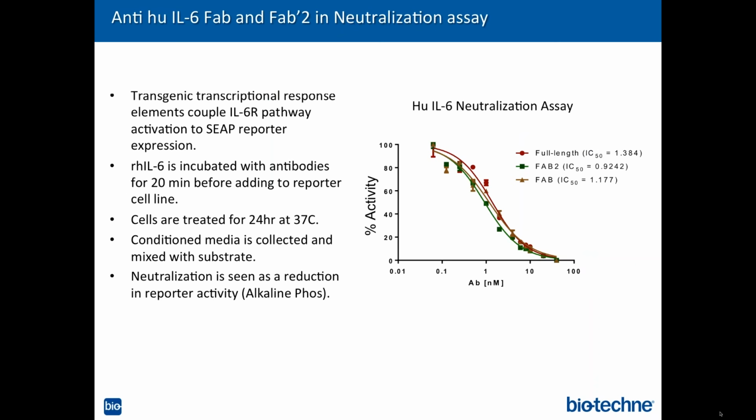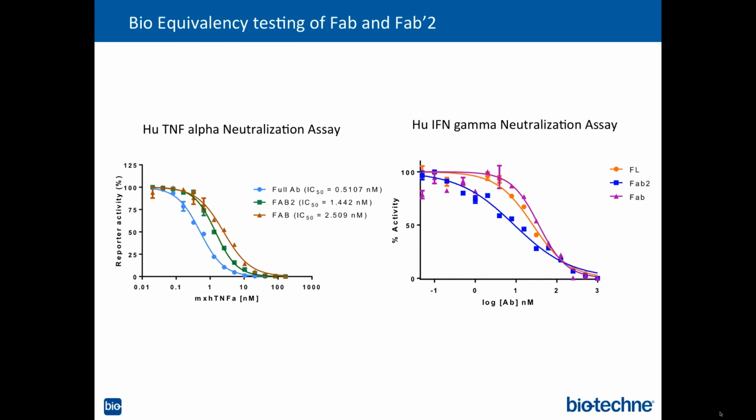So on the left we have human TNF-alpha. Again, it's the same assay system that we've utilized before using alkaline phosphatase transcription reporter assays. And the full-length antibody in this case had an IC50 of half a nanomolar. When we change it to an FAB'2, that IC50 goes up to 1.4.